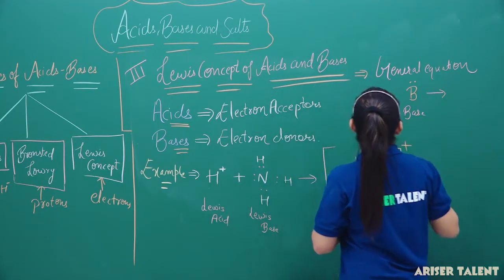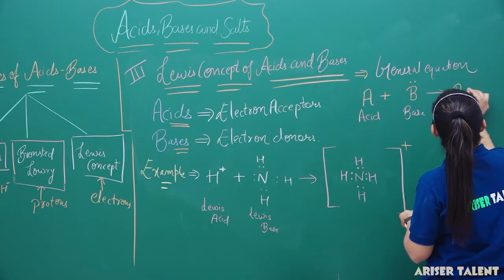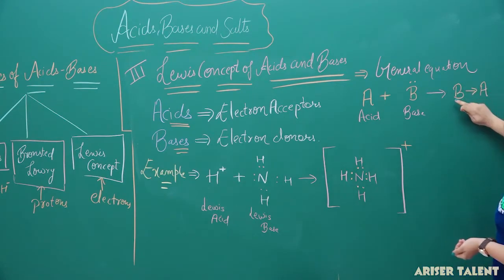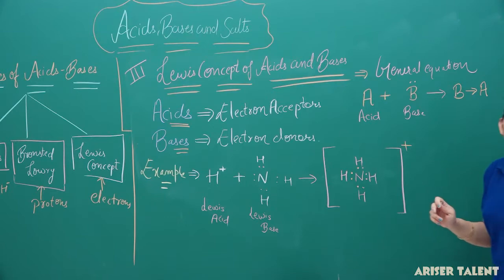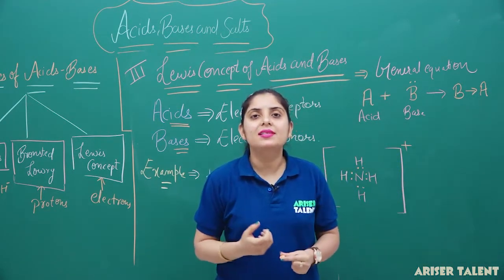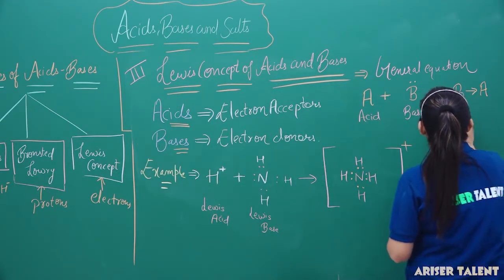Now, the compound will be formed as follows: the base will donate its electron pair to the acid, and these two compounds will be bonded by a coordinate bond, and the coordinate bond is sometimes also known as a dative bond.